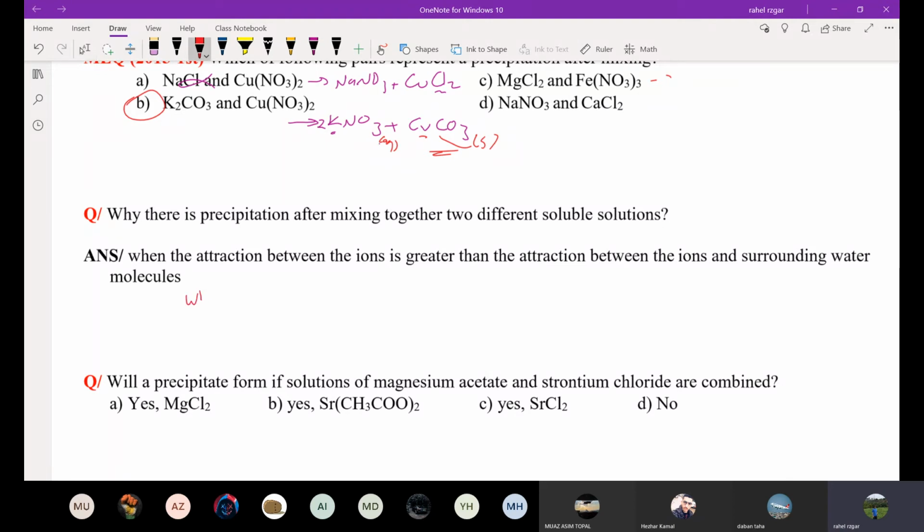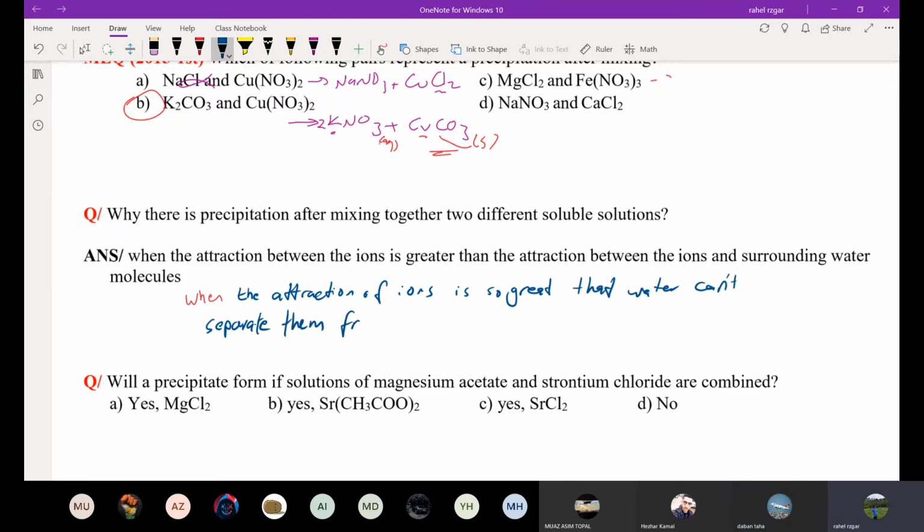We can say: when the attraction of ions is so great that water can't separate them from each other.